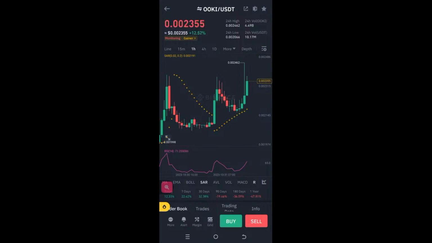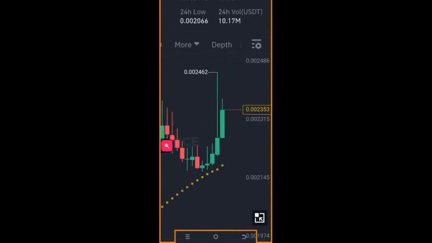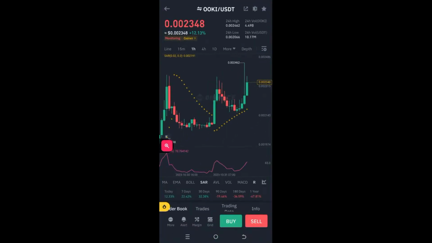If you're greedy, you may look for higher profits, and if you're conservative, you may look for lower profits. Really, it depends on you. Once the signs on the chart and the technical analysis are right, you should be able to go on. Now, this is not exactly in pump mode right now. It's having a slight pullback, but it's still looking okay because the parabolic SAR is looking up.